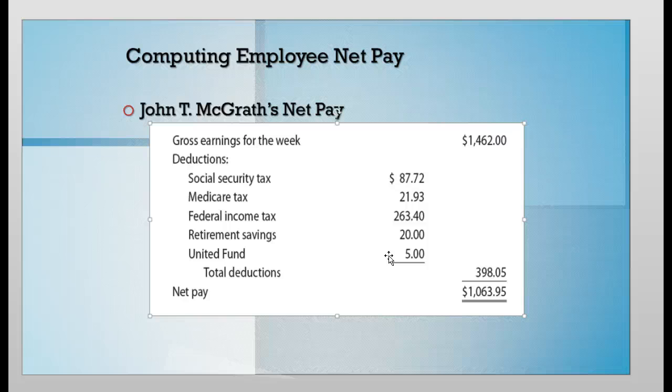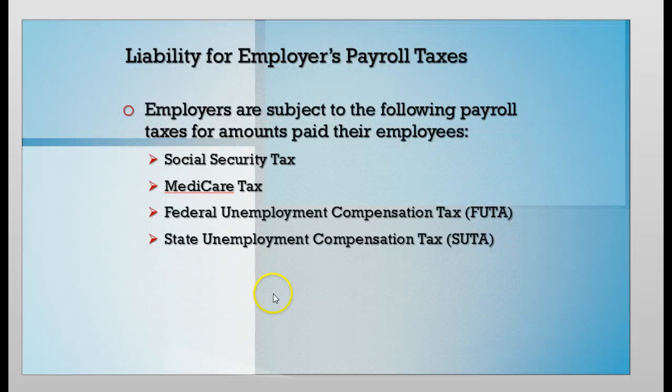That's how you calculate the income tax, or the deductions that come out of the employee's gross pay. Now, the other area that we have to worry about as accountants is the liability for the employer's payroll taxes. Not only does the employee pay Social Security, but the employer does too. He's going to pay the same amount as the employee pays.